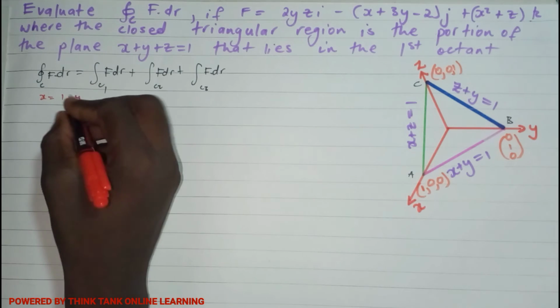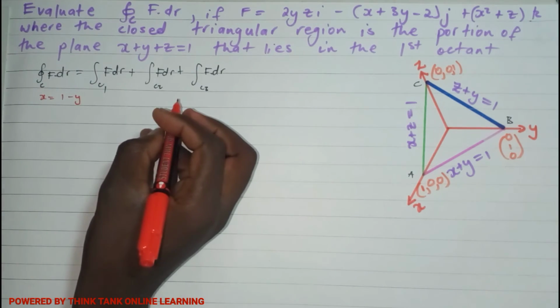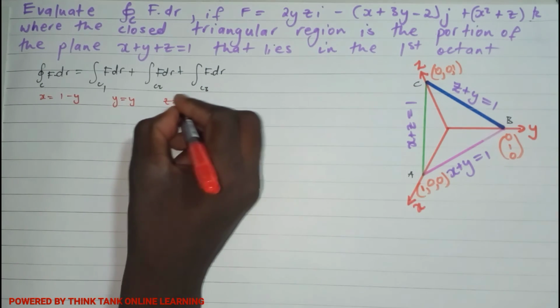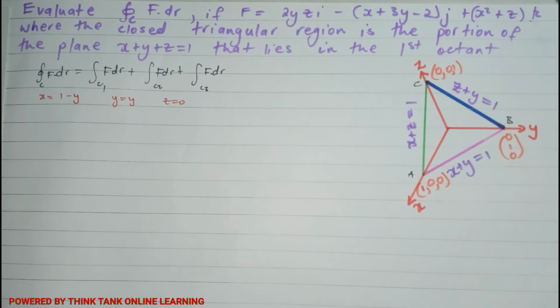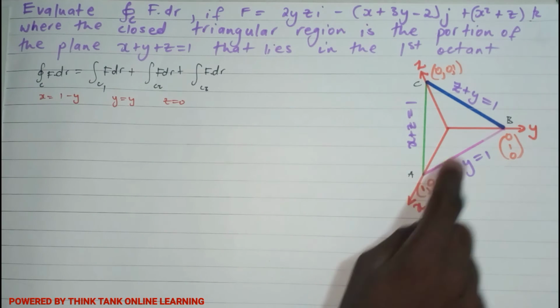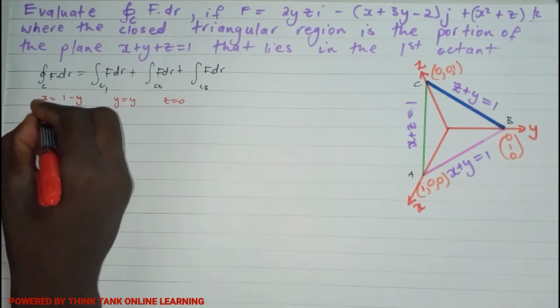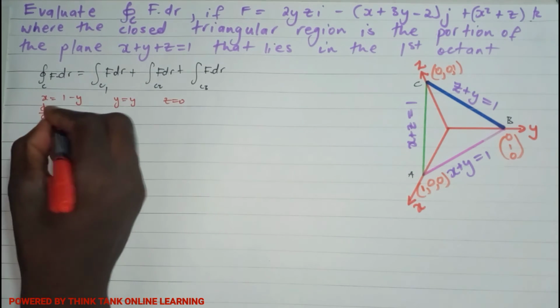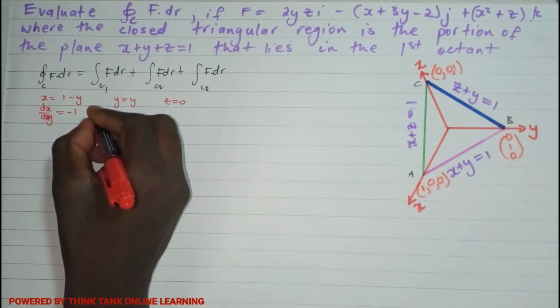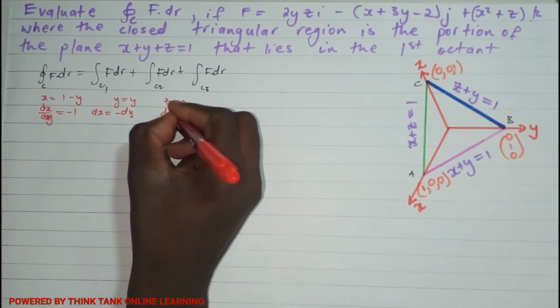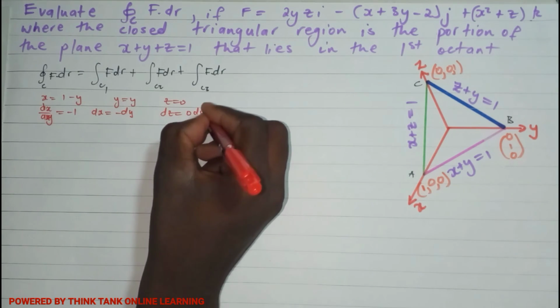So y equals y, and z is equal to 0. We're going to use our parametric form. Our y is our parameter, and remember that here y is 0, and here y is 1. Now what is dx/dy? dx/dy is negative 1, so that means dx equals negative dy. And here dz equals 0 dy.